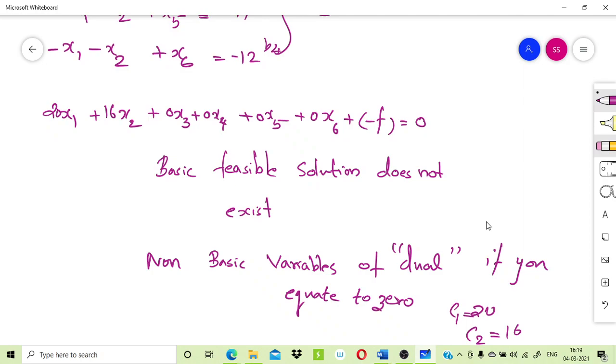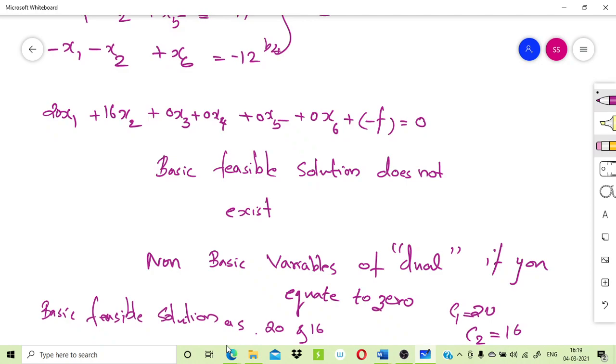So you will be able to get the basic feasible solution as 20 and 16. These are non-negative values, so you can proceed with the simplex method, right?